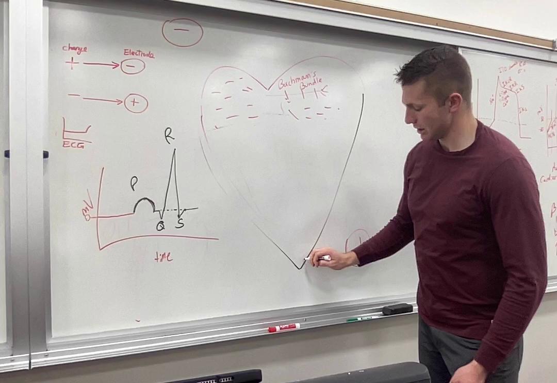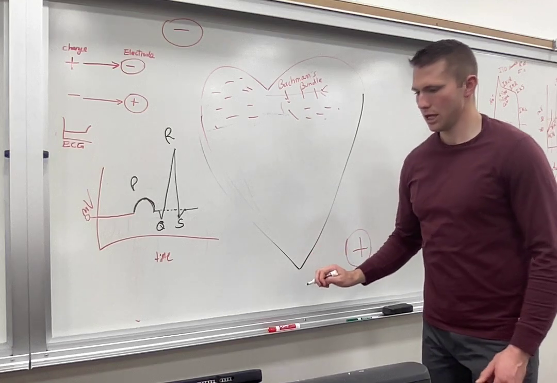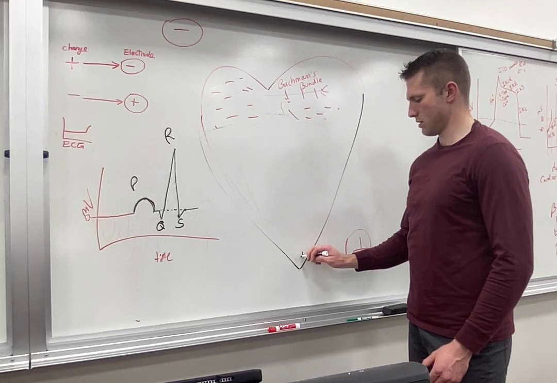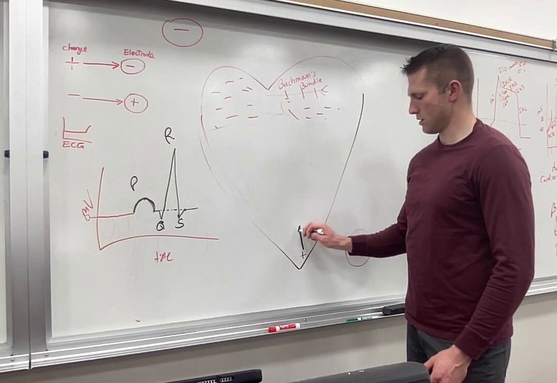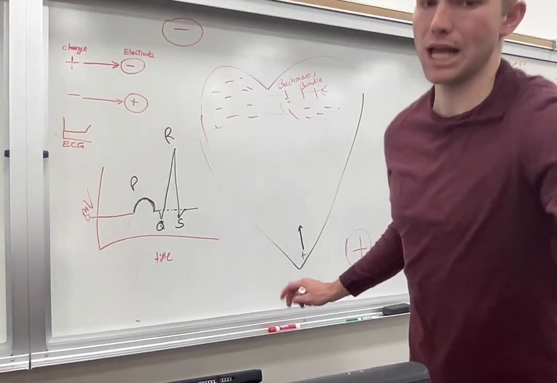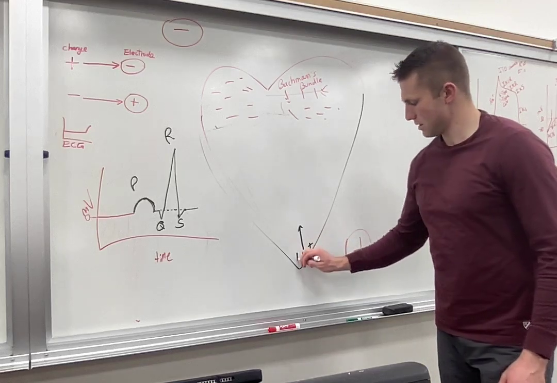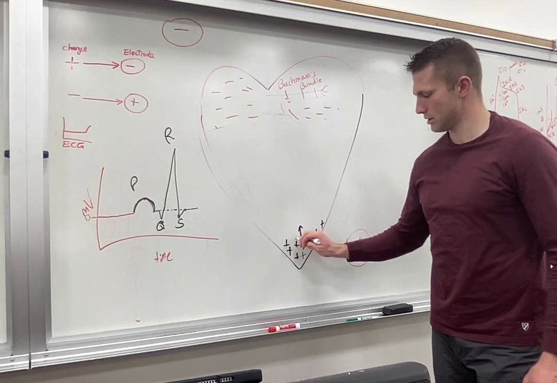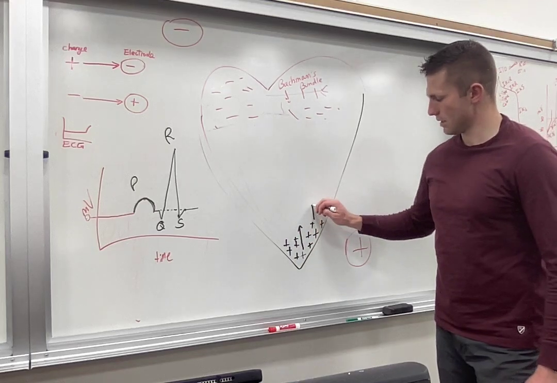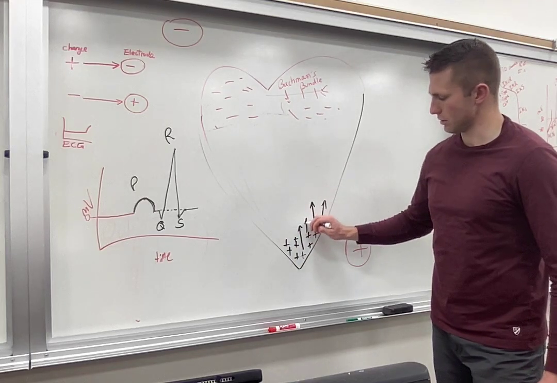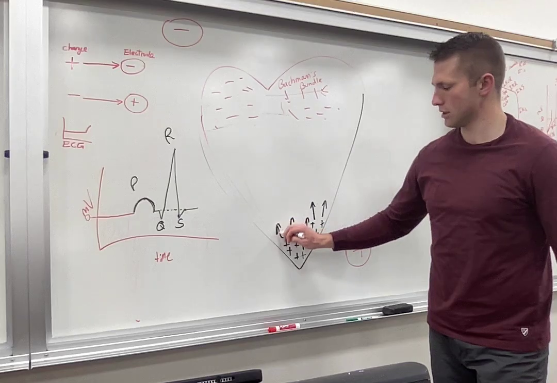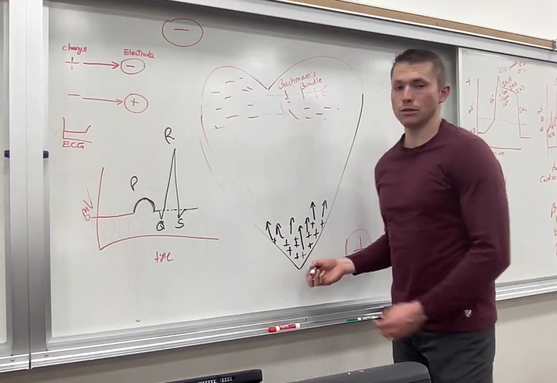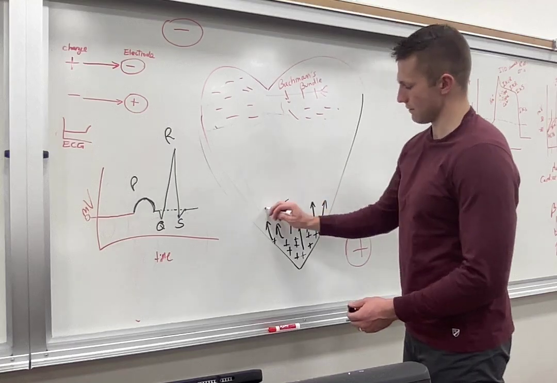We get a repolarization of, this is measuring the outside of the cell. So these cells down here start to repolarize, sending the repolarization vectors. And these now send, and these are all negatives.